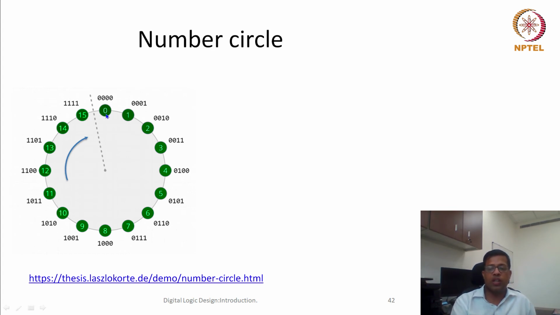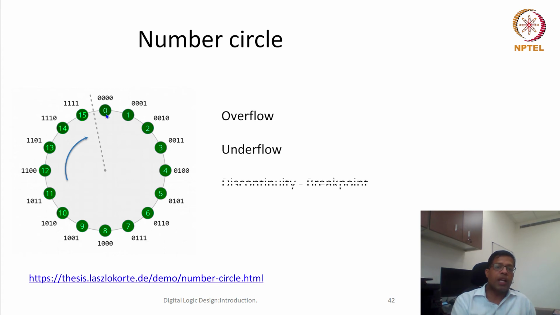So there is a discontinuity here. This discontinuity is also called a breakpoint, and this means that I cannot represent any number bigger than 15 in a 4-bit representation. So this is also called overflow.